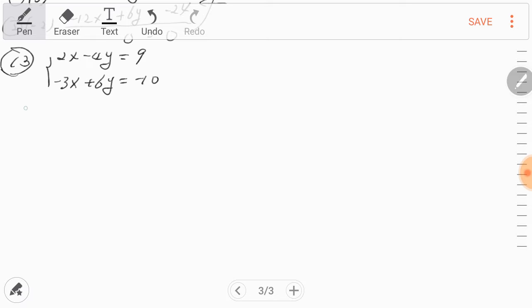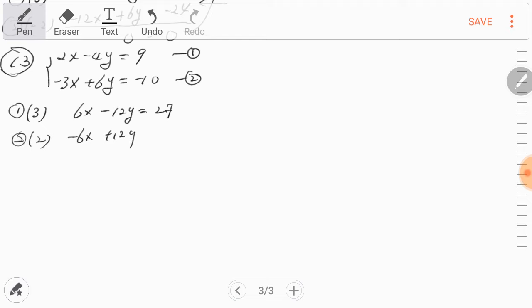So multiply the first equation by 3 and the second equation by 2. The first equation times 3 gives 6x minus 12y is equal to 27. The second equation multiplied by 2 gives -6x plus 12y is equal to -20.